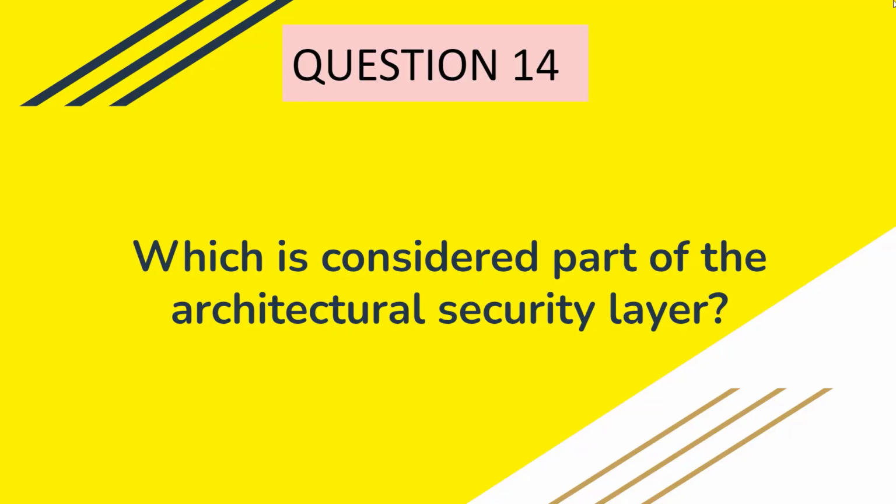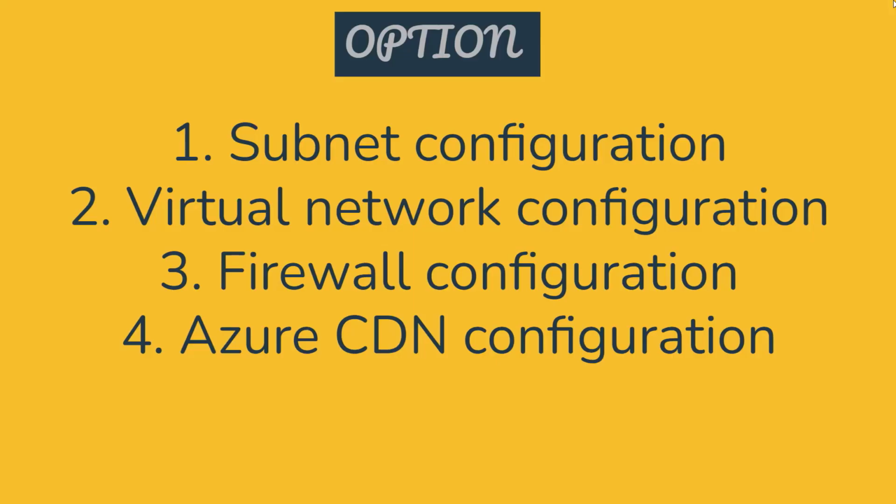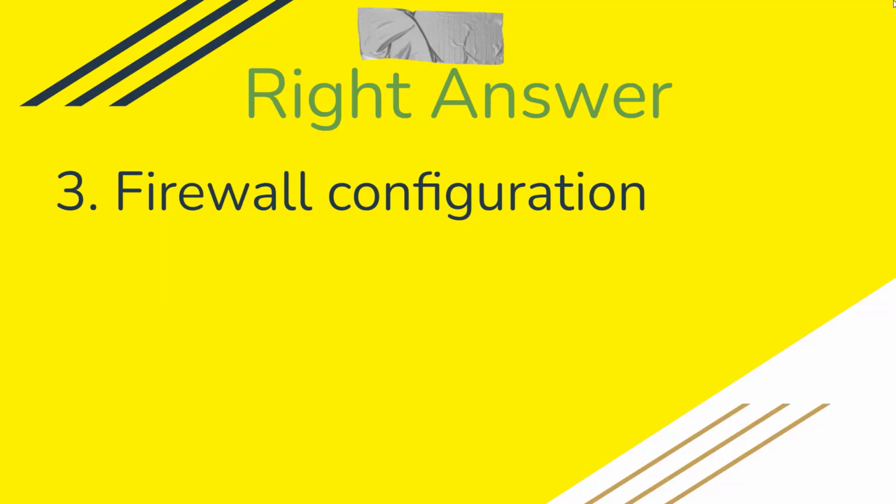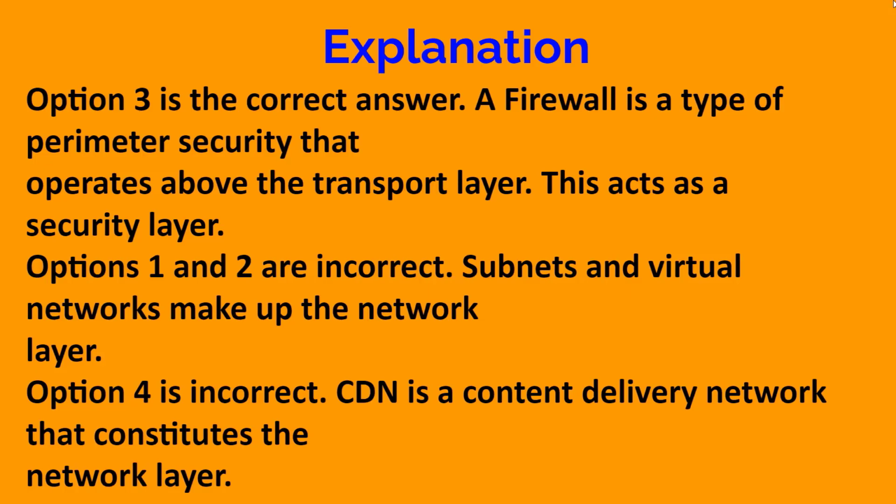Question 14. Which is considered part of the architectural security layer? Option 1. Subnet configuration. 2. Virtual network configuration. 3. Firewall configuration. 4. Azure CDN configuration. Right answer is 3. Firewall configuration. Explanation.